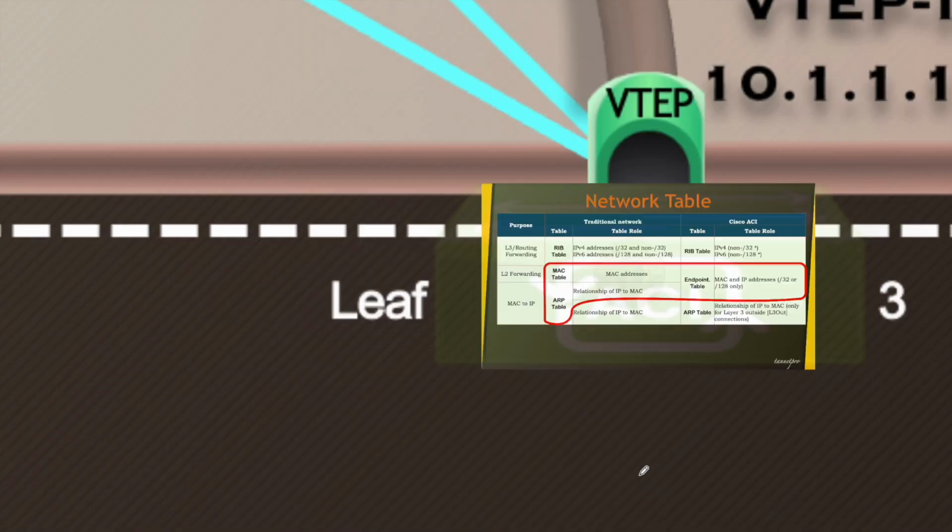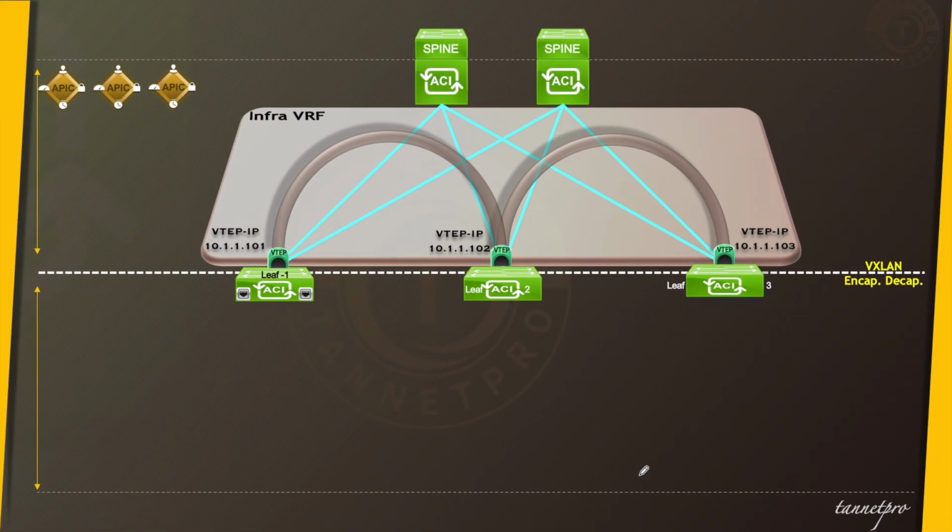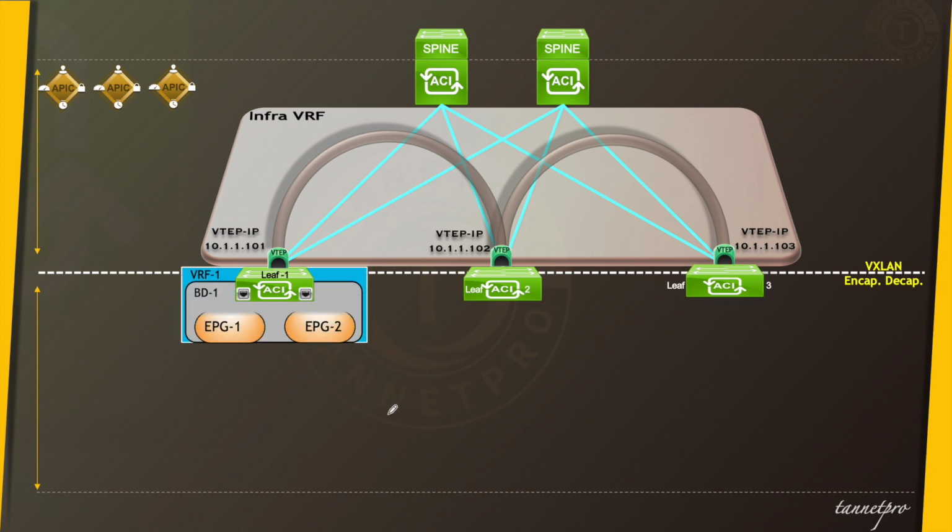So let's go back. Now we understand how they maintain the tables, and now we'll understand the endpoints. They maintain the endpoint table, but what is an endpoint? Let's understand this part first. This is the logical part definitely, but under it we connect the endpoints. An endpoint is nothing but a combination of a MAC address and IP addresses.